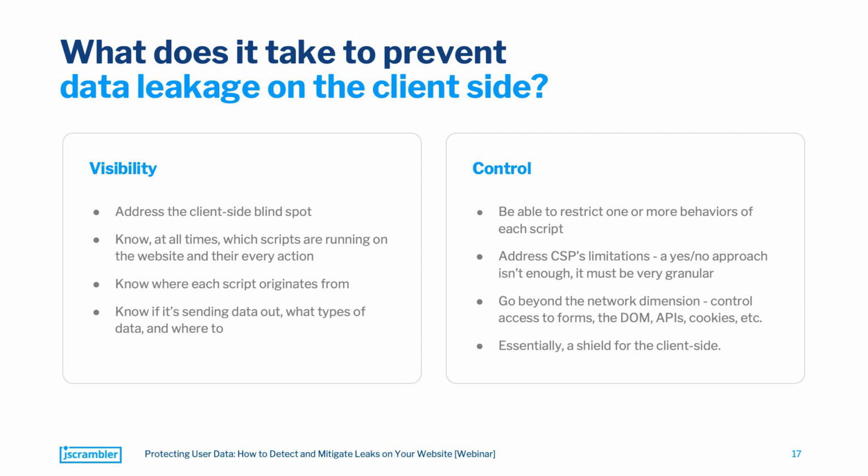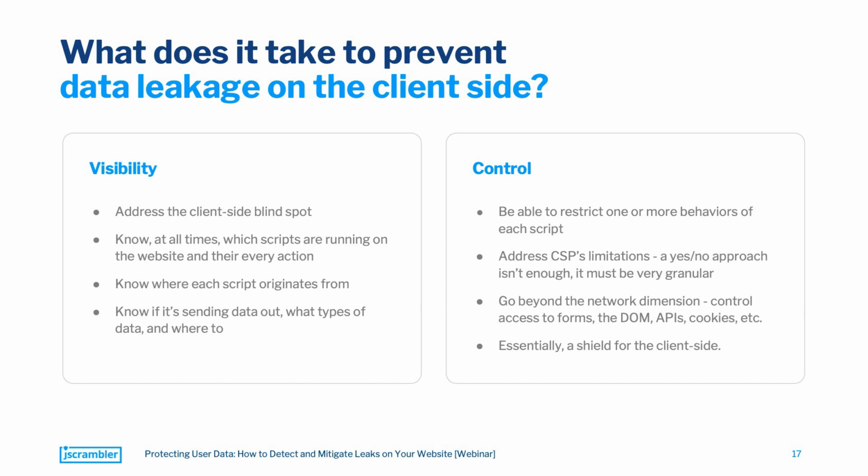And in the context of preventing data leakage, an essential aspect here is being able to know if and when a certain script is sending data out, what specific types of data, and where the data is being sent out to. Without this information, we would be left clueless as to whether a certain network connection is legitimate or an attempt to leak our users' data.